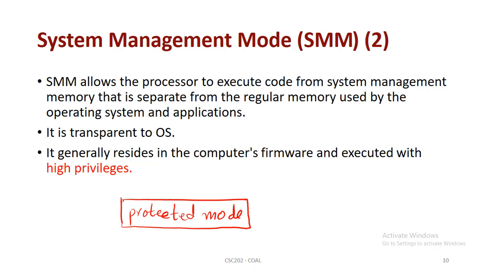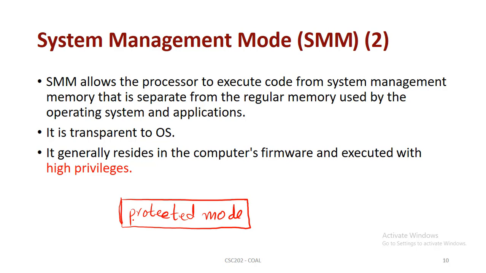Let's suppose that your CPU is currently operating in protected mode, and due to some interrupt or some other event, your microprocessor or CPU is going to switch to system management mode.